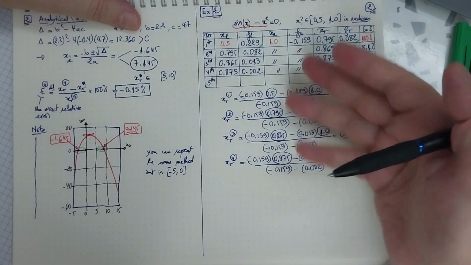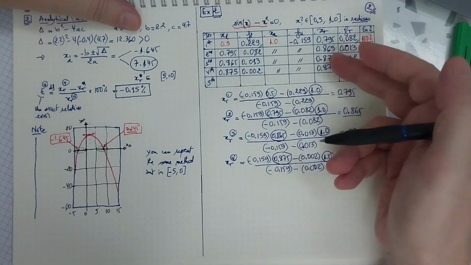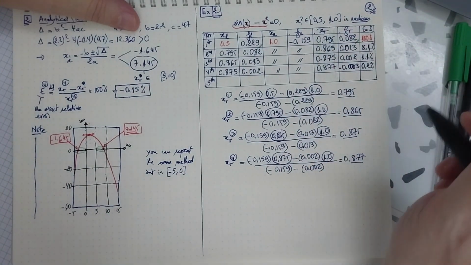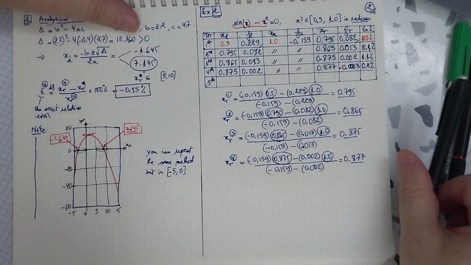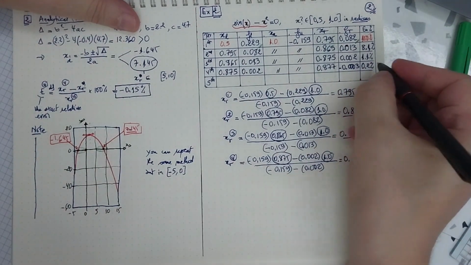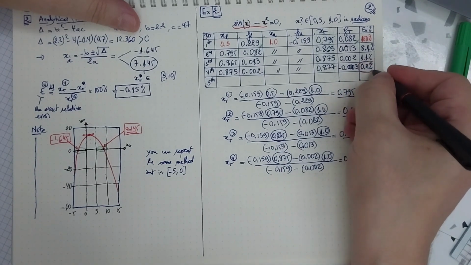And in a few iterations, 7, 8 iterations. So, okay, we have finished, I think. Yes, I've finished because the error is less than 1%.